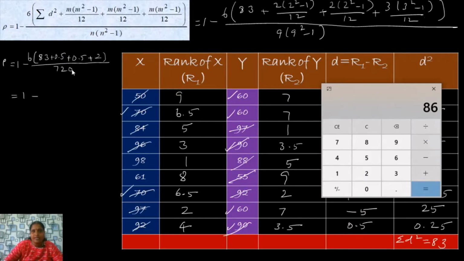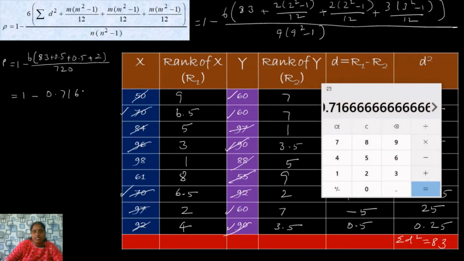You multiply with 6, you get 516 and you divide this by 720, you get 0.7166 etc. You have to take up to 4 decimal places, so 0.7167.